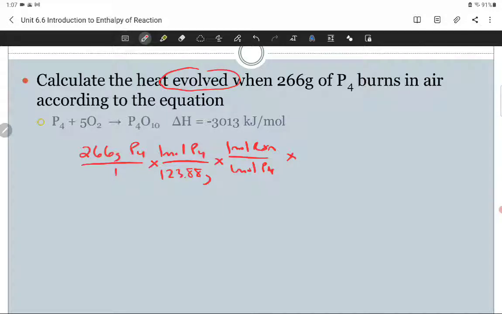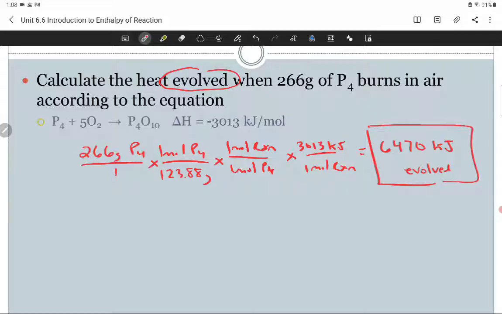And then we got the 3013 kilojoules in 1 mole of reaction. So let's go with an answer of 6,470 kilojoules of energy or heat evolved.